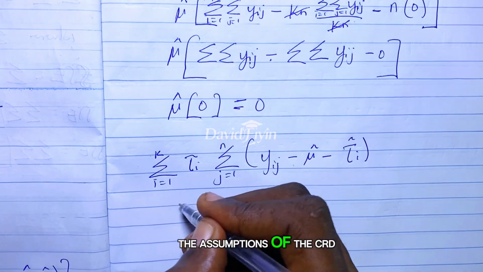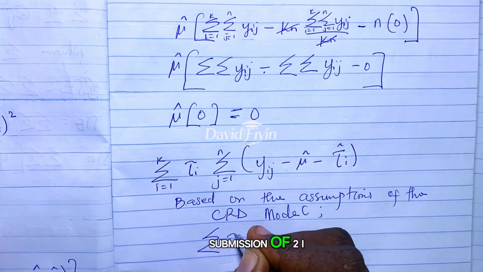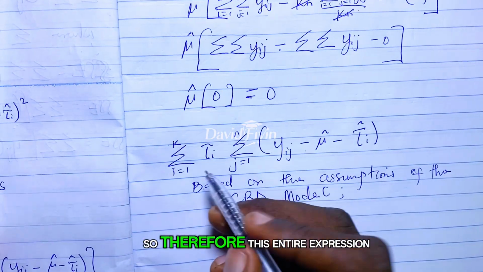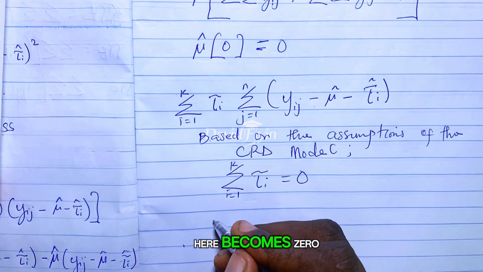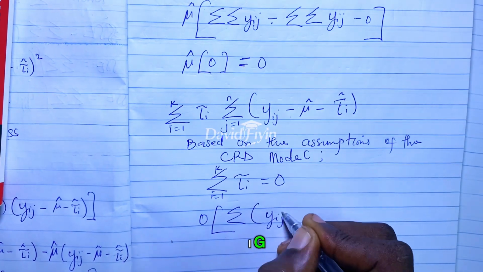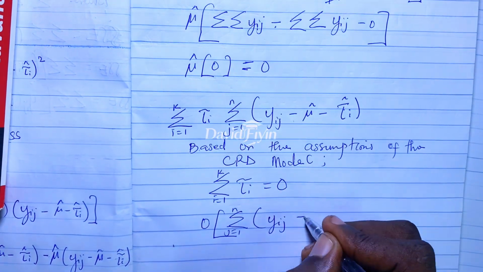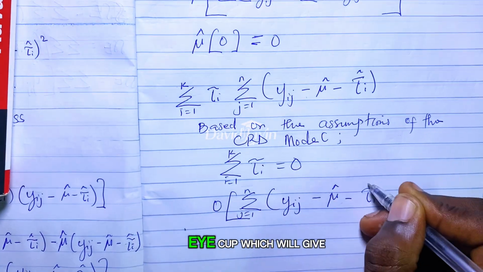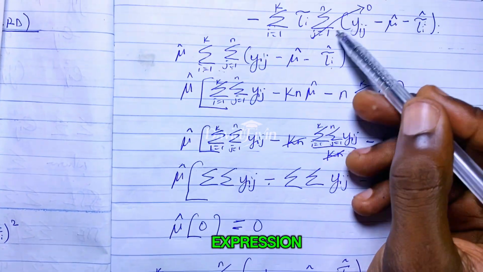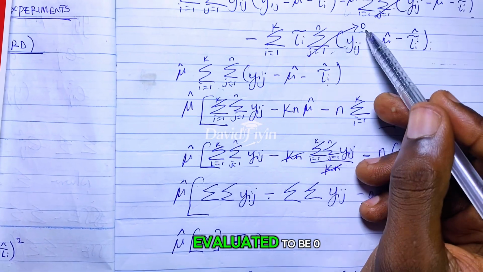Now based on the assumptions of the CRD, summation of tau i over i is equal to 0. So therefore this entire expression becomes 0 multiplied by summation of yij minus mu cap minus tau i cap, which will give us 0. And that is why this expression at this point was also evaluated to be 0.